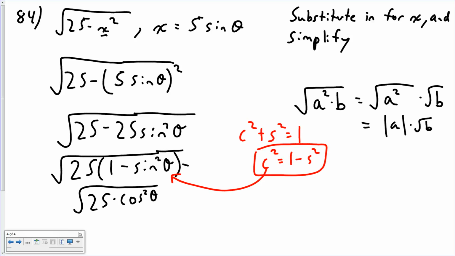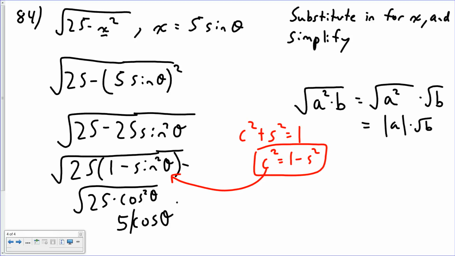Therefore, I can now extract the squares out of the radicand, and so this is going to end up being 5 times the cosine of theta. And in the book, you're going to notice that they're going to have an absolute value around the cosine theta.